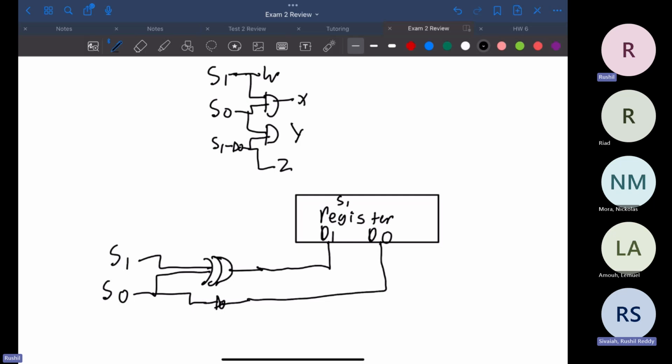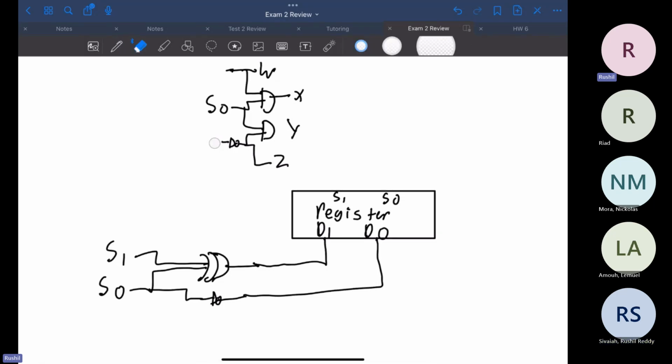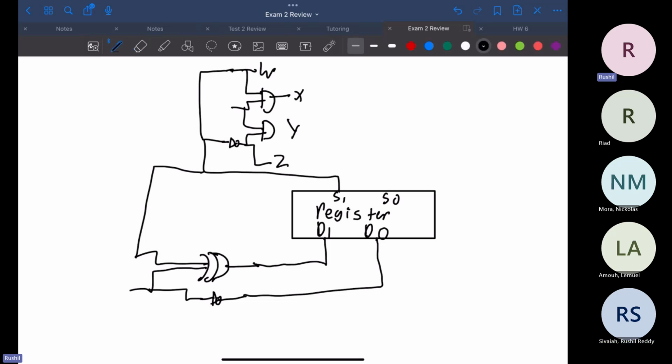And then our register will output our S1 and our S0. So now we can't just have those S1 and S0 just floating out of nowhere. We need to actually go connect these. So we're going to get rid of our S1s, and we're going to wire it up right here. And then I'm going to change the color for the next one. Let's do blue. So we'll go here, and then for this one, we'll go right there.